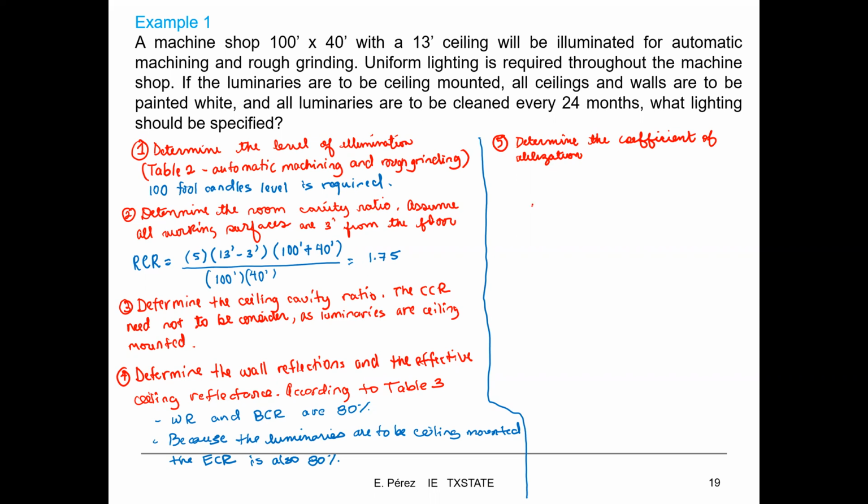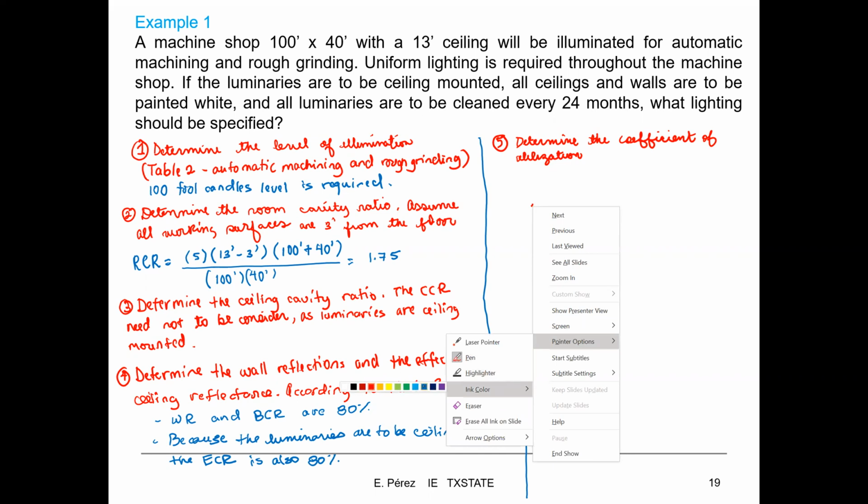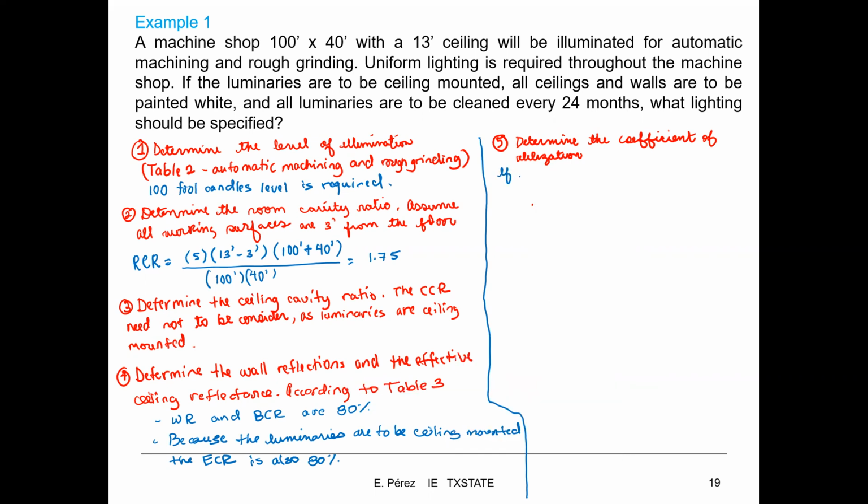So if fluorescent lamps in uncovered fixtures are to be utilized, the CR may be interpolated using table 5.